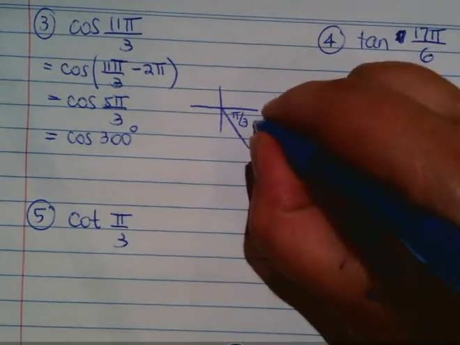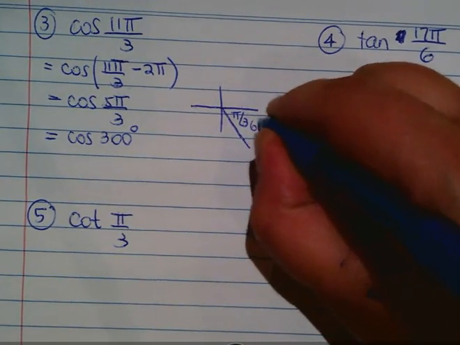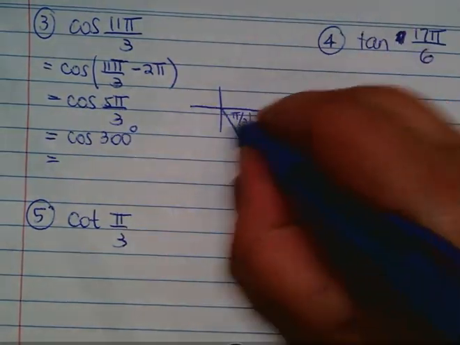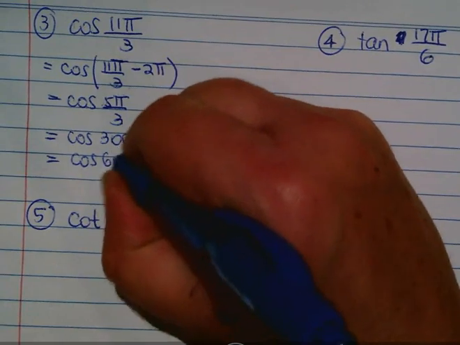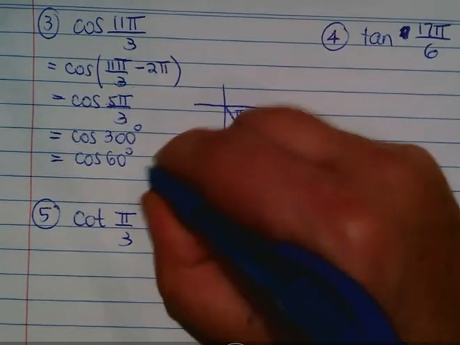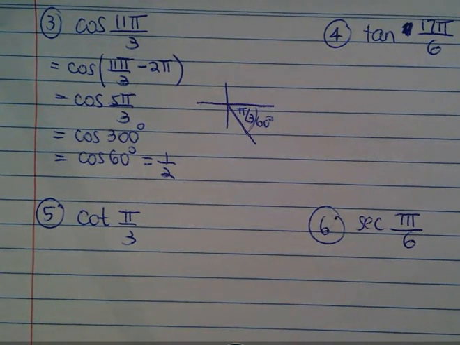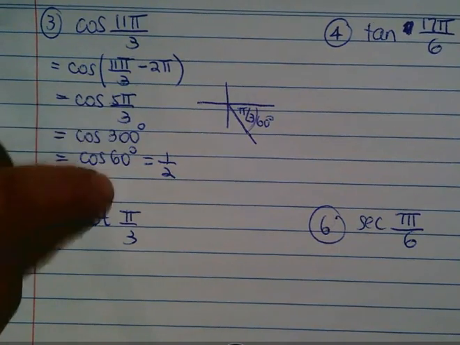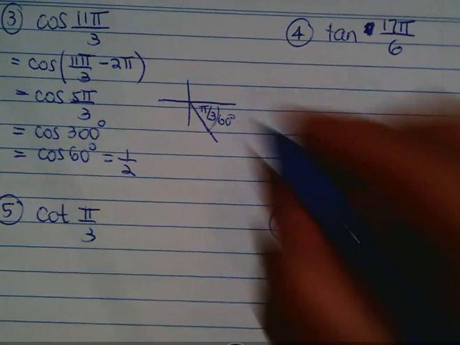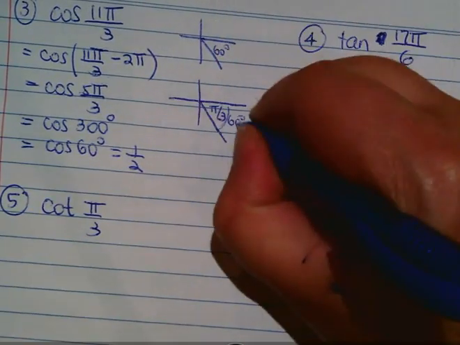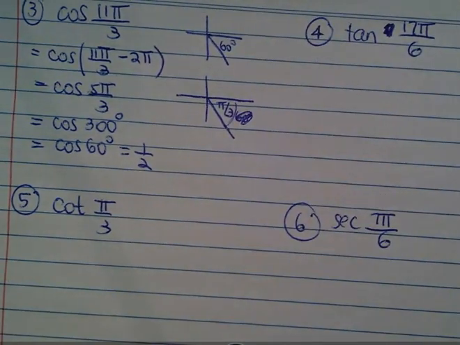Now, cos 300 has, you can put pi on 3 there, or you can put 60 degrees there in quadrant 4. That is just the same as cos of 60 degrees or cos of pi on 3. Now cos of 60 is 1/2. Okay, so if you want, you can convert it at some stage to degree measure, but here I could have put, for example, pi on 3 or 60. They're both the same.